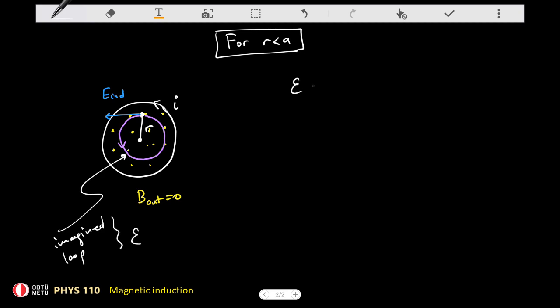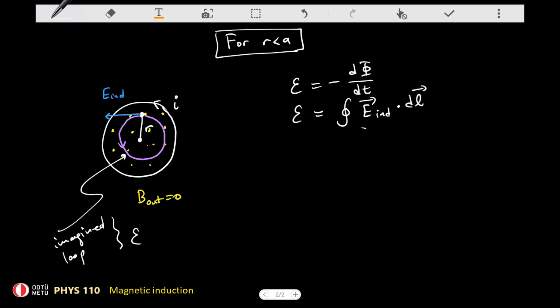I can compute this EMF in two different ways. By using Faraday's law, I can compute the flux passing through the surface enclosed by that loop. Or I can use the line integral of the induced electric field. There are these two alternative ways.